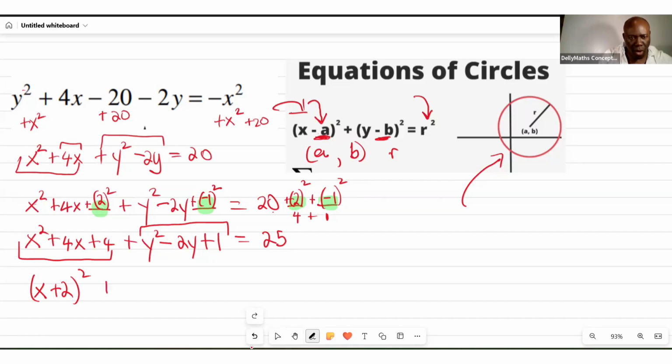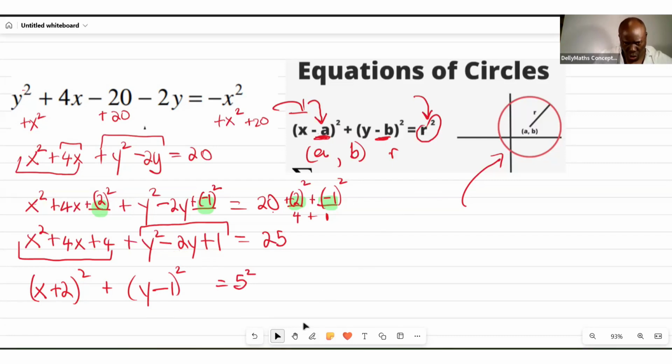Same thing with the y here, plus y. Half of this term here comes in the bracket, and it's going to be negative 1 squared. And if I should expand this, I'm going to get back that. So I just factorize my left side, and this is equal to 25, right? If I put it in the format here, it's going to be 5 squared.